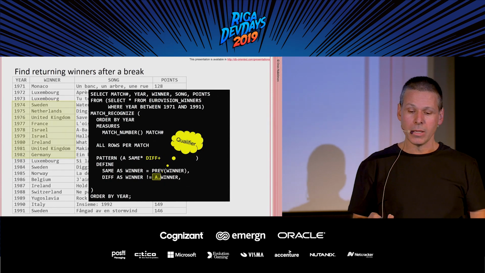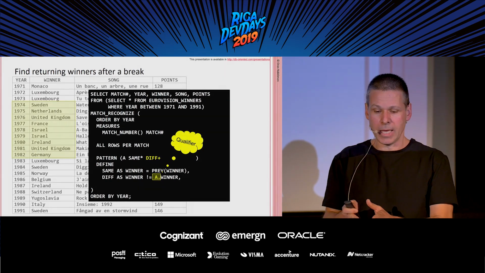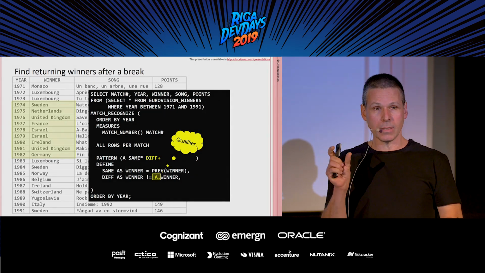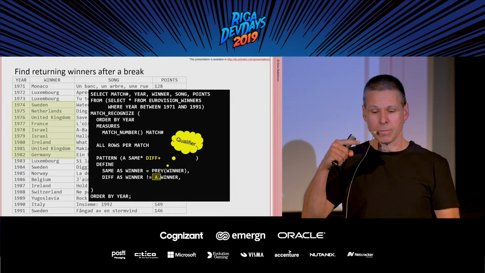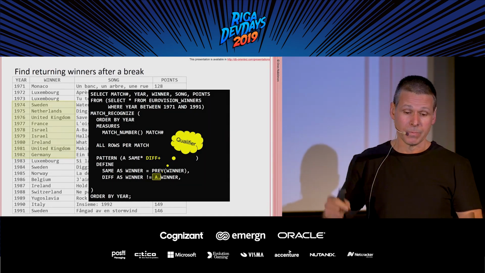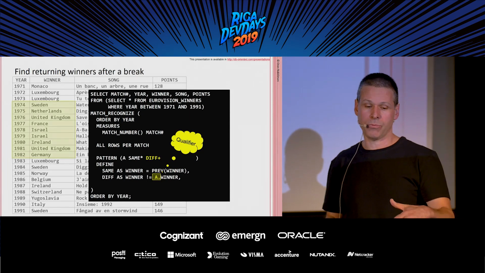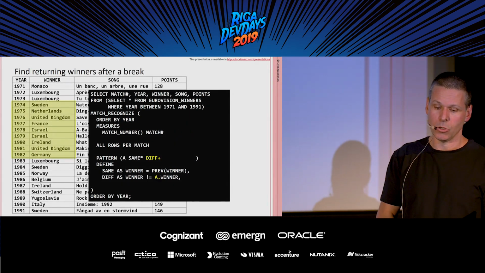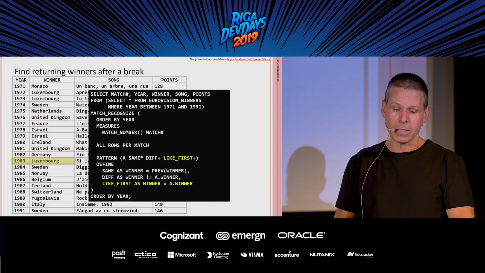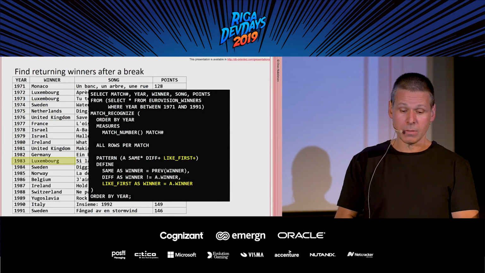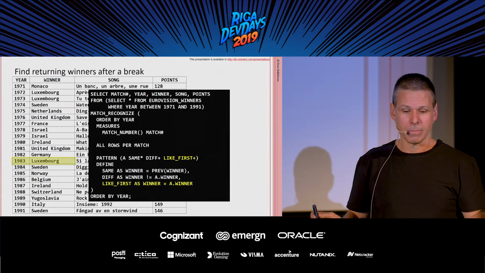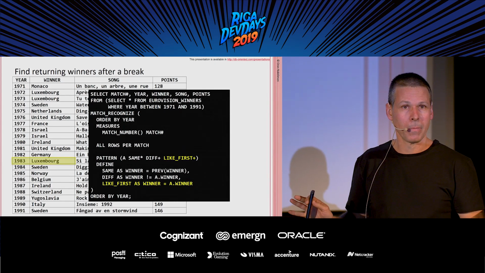We qualify the winner by A, which is a variable, which means let's look at the current match on the record that we marked as A. Okay, so DIFF is winner not equal to A.winner. And then finally, we want at least one LIKE_FIRST, and LIKE_FIRST is defined as winner equals A.winner. Okay, are you with me?